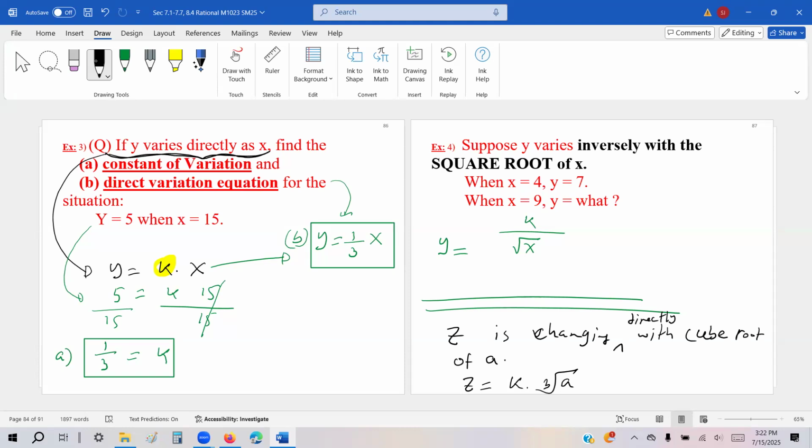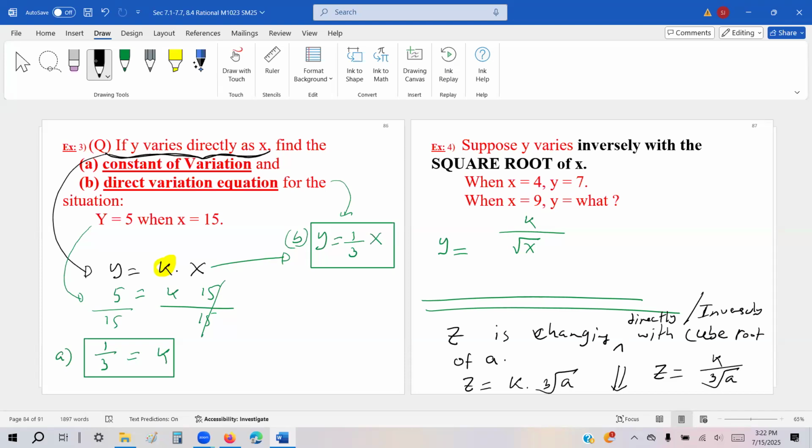See? If I said they're changing inversely, then Z equals K over cube root of A.